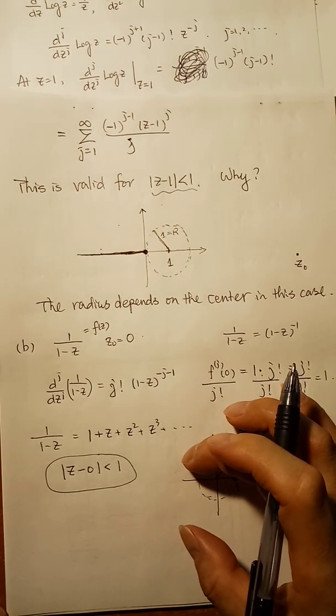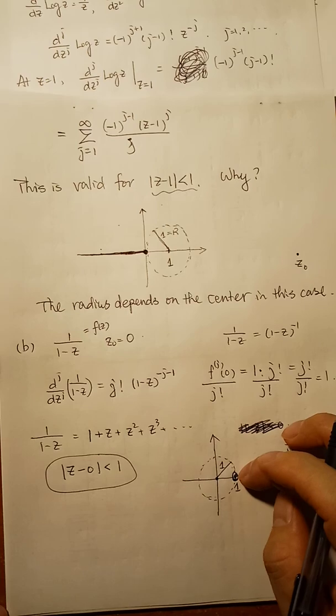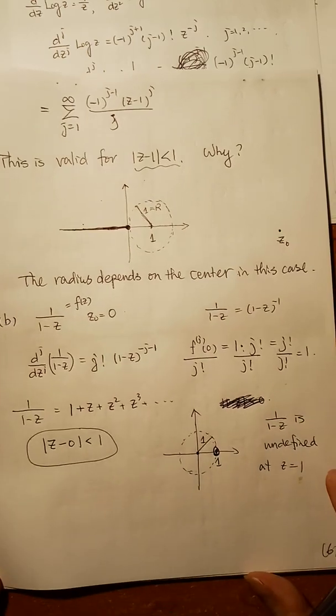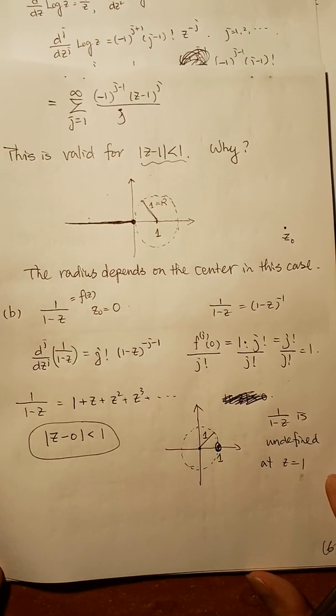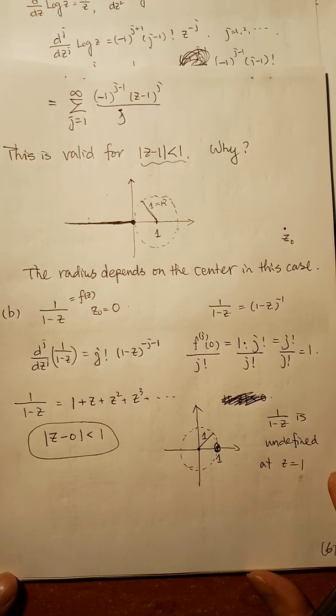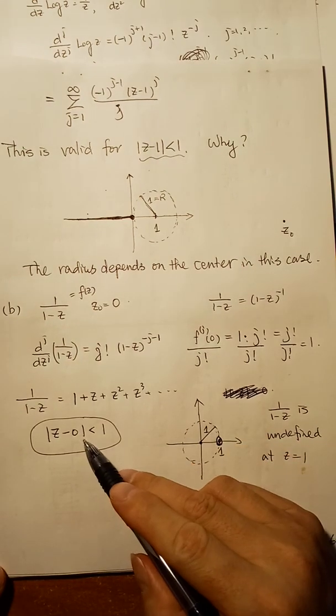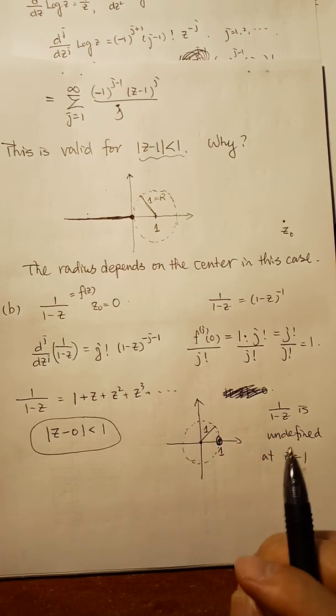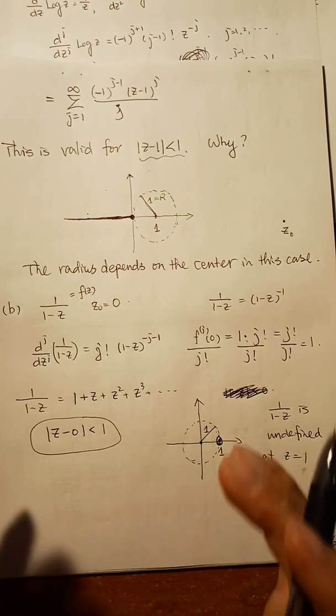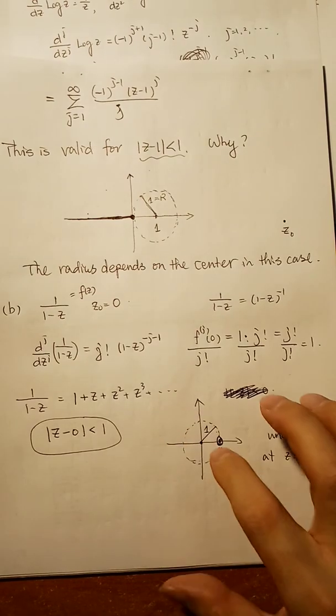Any slightly bigger disk will include this undefined point. Okay? So we always find the bad point and just get the largest disk touching the bad point.